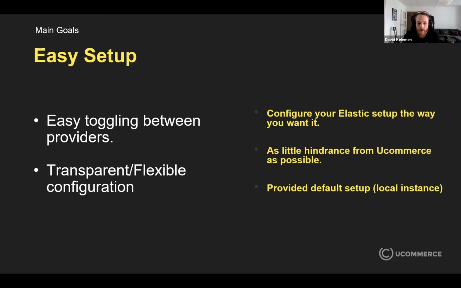And of course, we provide the default setup to match the default setup of Elasticsearch itself if you need to get up fast, for example, for a customer demo or a user acceptance test. The important bit here is that you can toggle between these two providers easily and without having to make changes to your code. This is one of the crucial points for us.